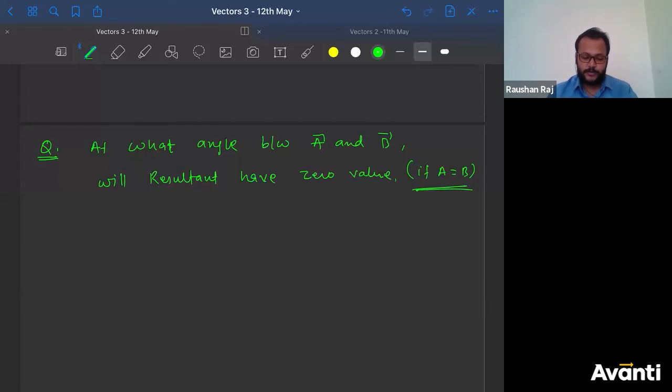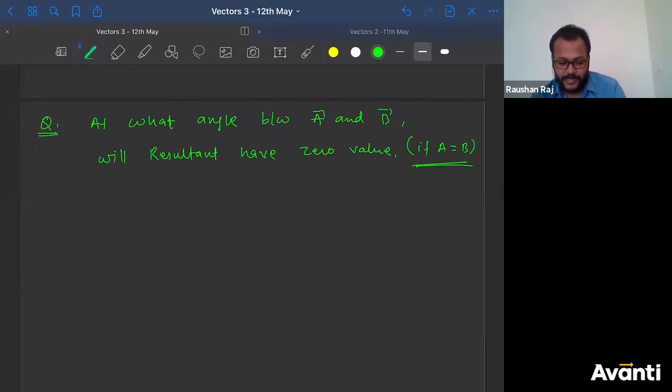Okay guys, what is the equation here? At what angle between A and B will resultant have zero value if A is equal to B? What is A is equal to B?